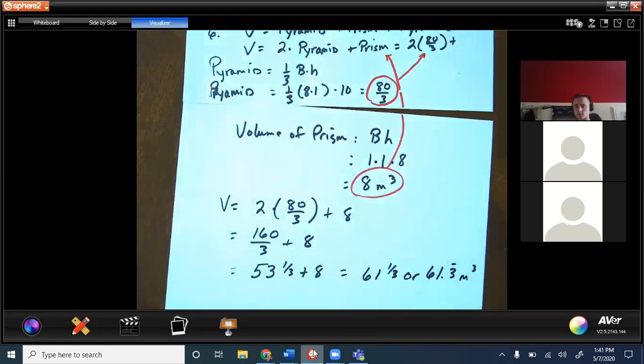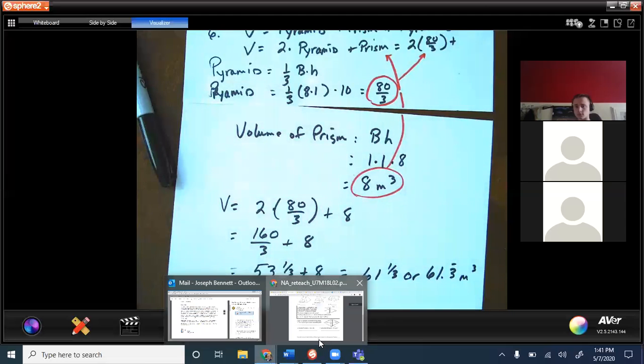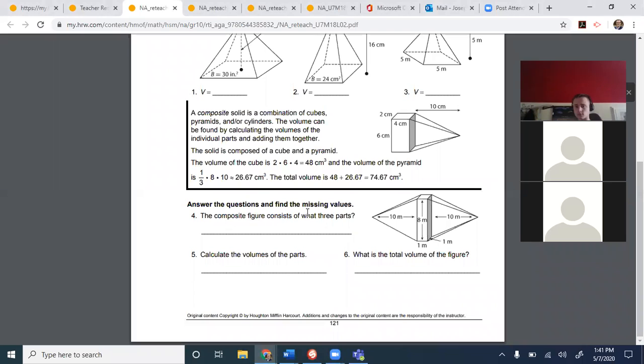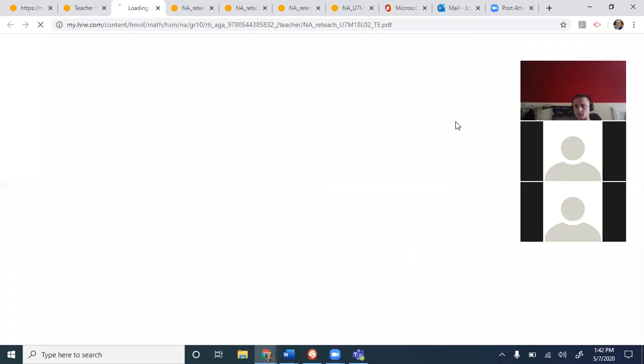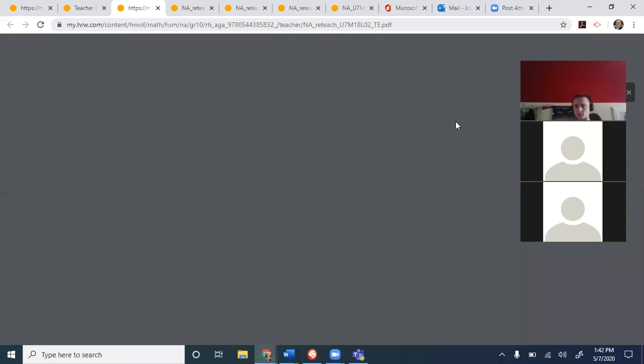Meters cubed. Did they tell us to go back, read the directions? Did they tell us to round it to anything? Answer the questions and find the missing values. No, it doesn't tell us. But that is our final answer, 61.3. And let's see, how did we do on that?